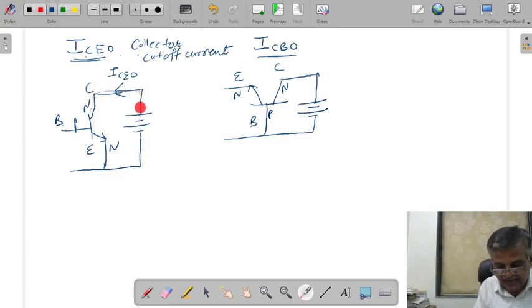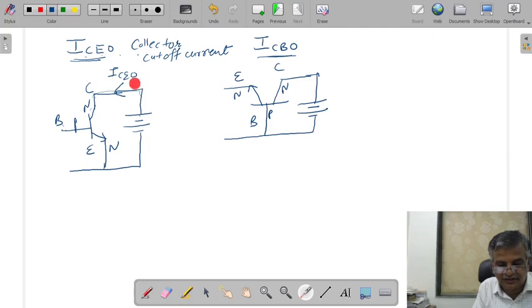When the collector is kept in reverse bias and the base is open circuited, then the current flowing from collector to emitter is called collector leakage current, ICEO. What is it called? ICEO. Carefully observe: C for collector, E for emitter.